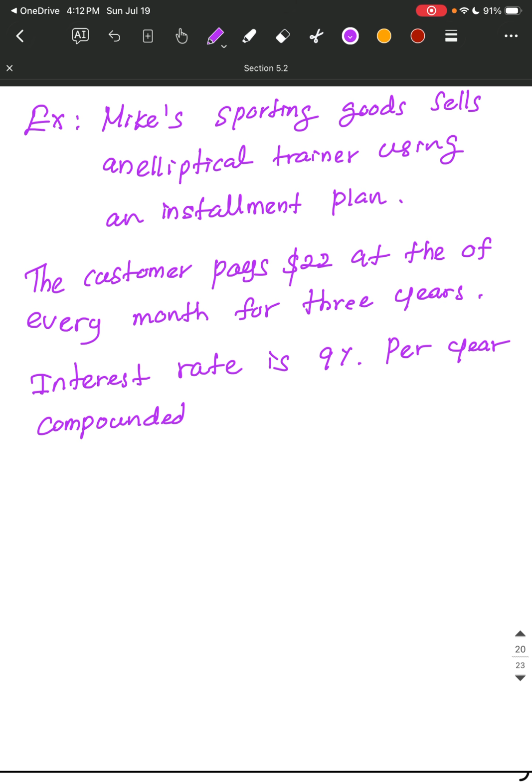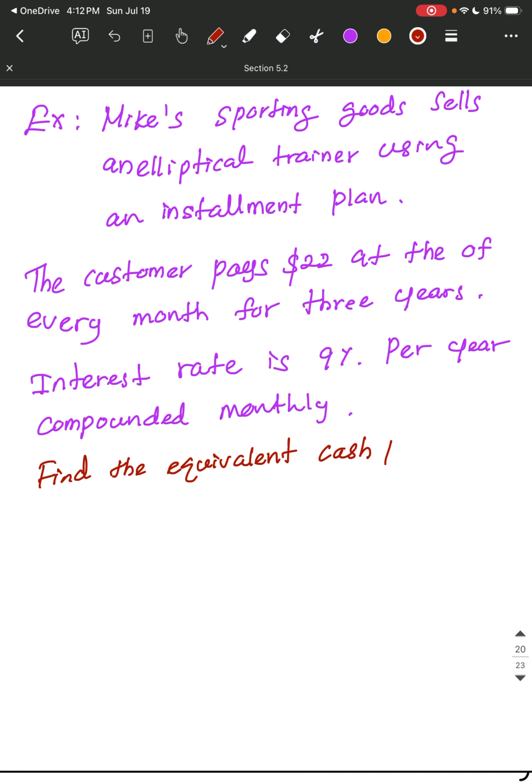Okay. It says the customer pays $22 at the end of every month for 3 years to get the elliptical trainer with the installment plan, and the interest rate is 9% per year compounded monthly.